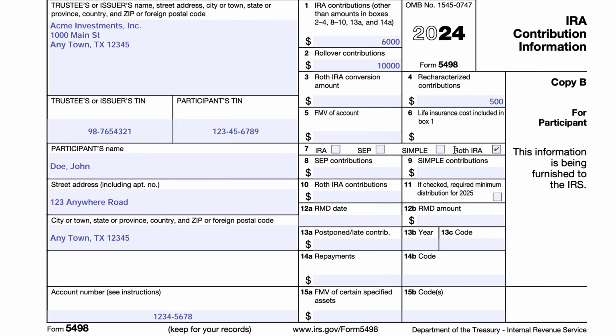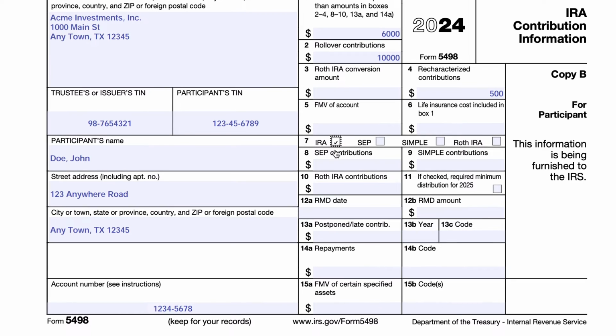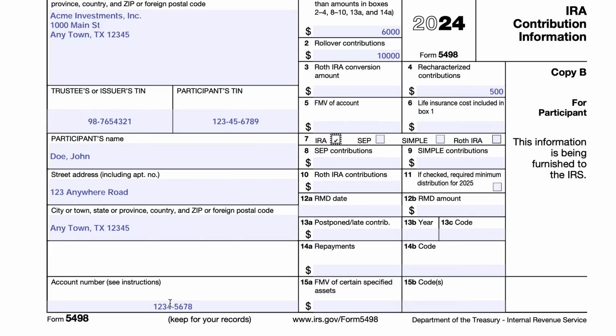In box 7, this will be checked based on the type of IRA this is going to. So you would expect to see that the account number for your Roth IRA would be matching up with the box Roth IRA, and then your traditional IRA would be lined up with your traditional account. Some people might enroll in either a SEP or a simple IRA, depending on their employment status.